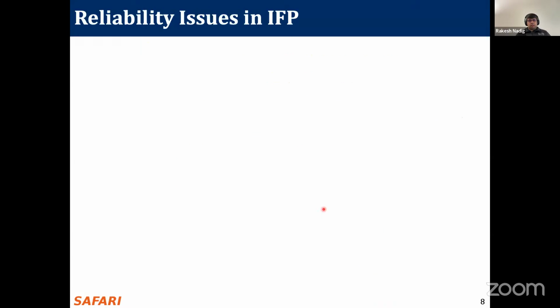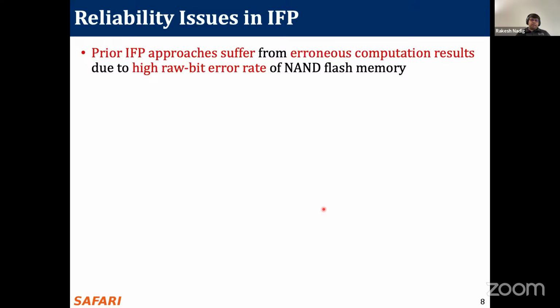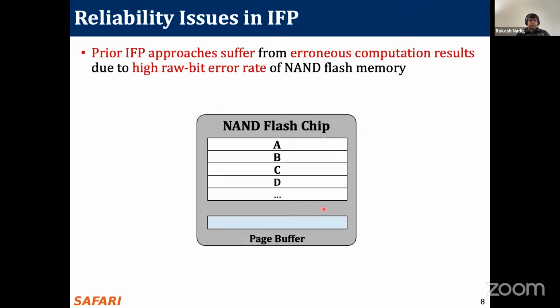So prior IFP approaches suffer from erroneous computation results, and this is because of the high raw bit error rate of NAND flash memory if they don't use the ECC and randomization techniques.